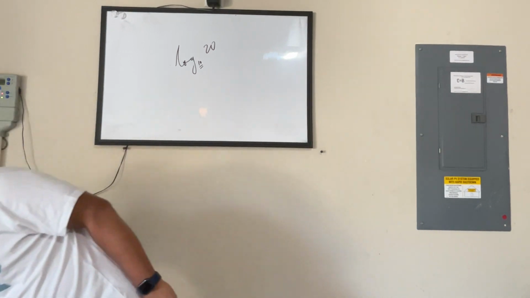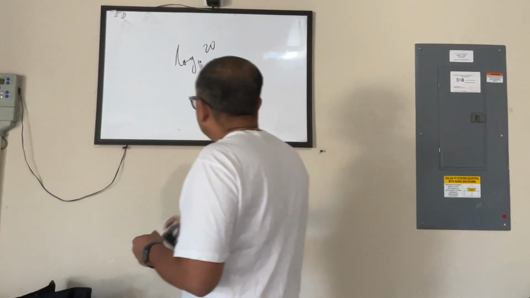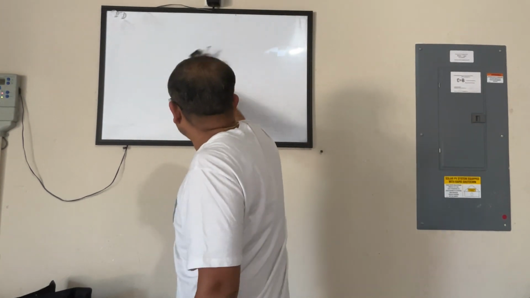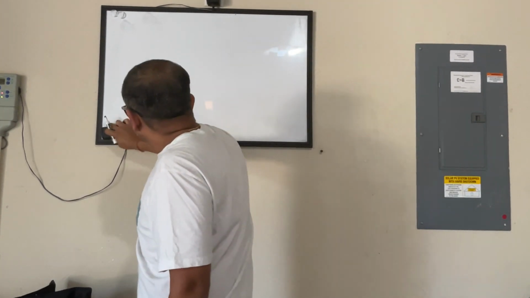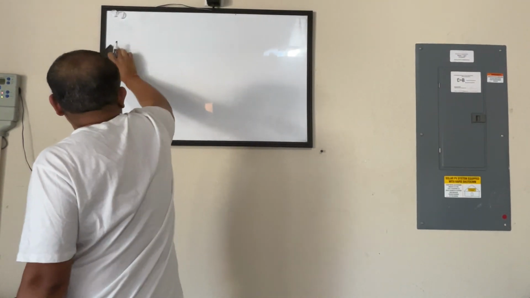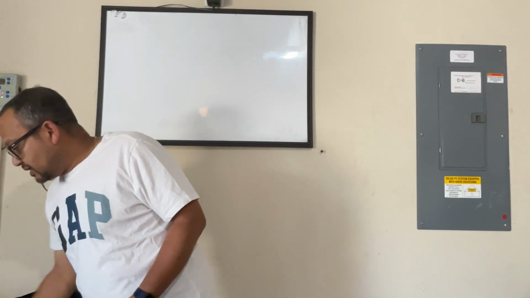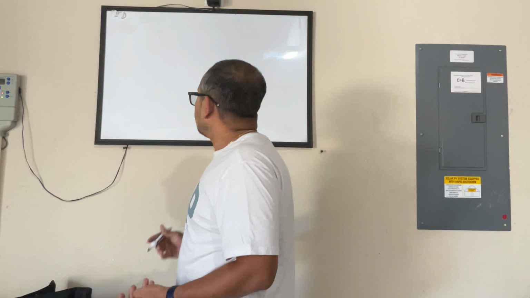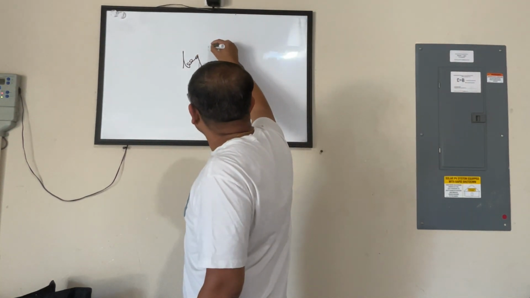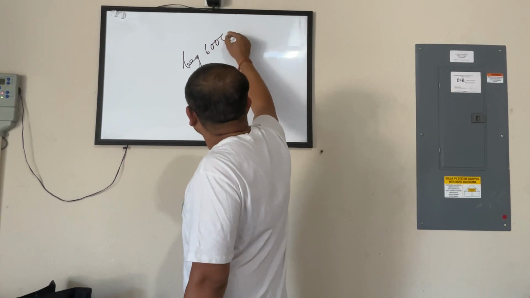But log of any number or any variable, any constant, whatever you think about, by default it is assumed to be base 10, but that is not a criteria for log. You can have log of any number with any base. So you can say, okay, find the log value of 600 with base 2.